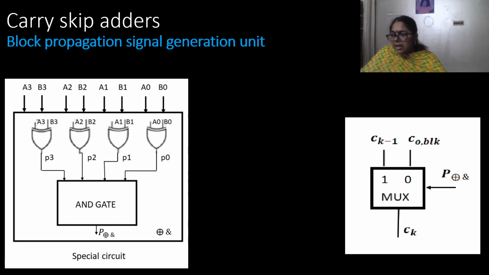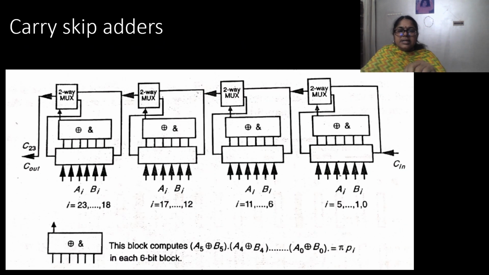Thus, making use of this special circuitry, we have the carry skip adder circuit in this fashion. Now you can see here that this is a 24-bit adder, wherein the 24-bit adder is divided into 4 blocks. So if it is divided into 4 blocks, it means each block should be performing the addition of 6 bits.